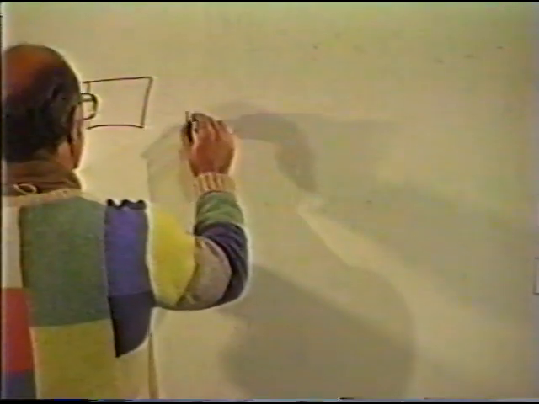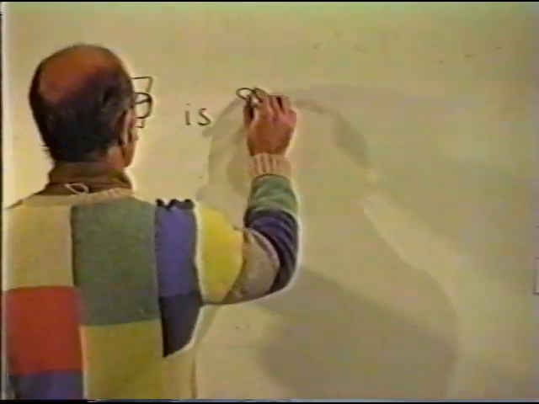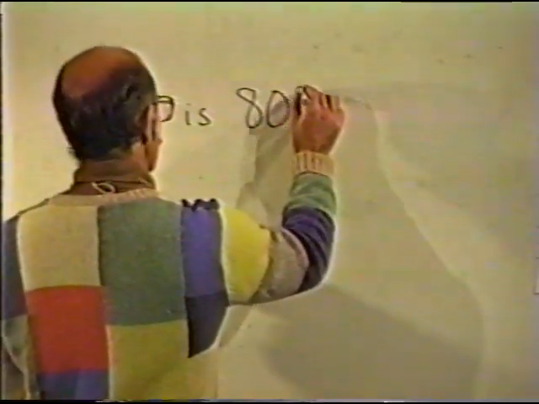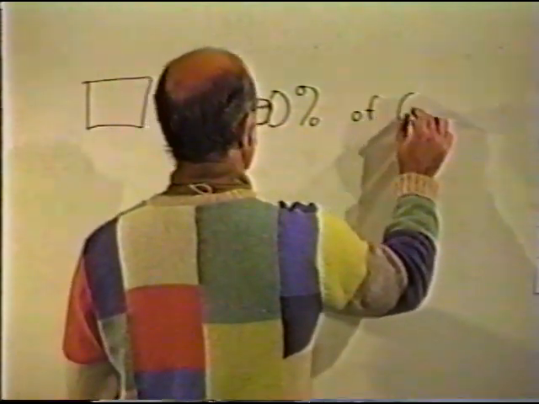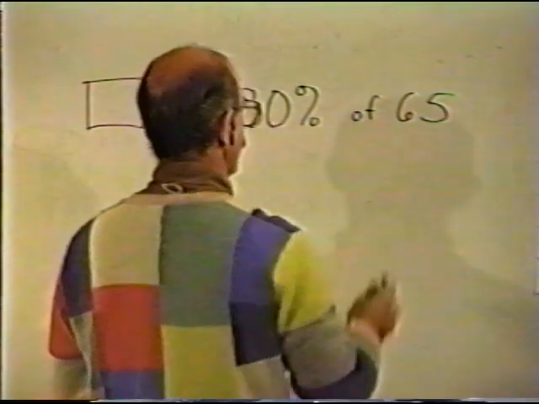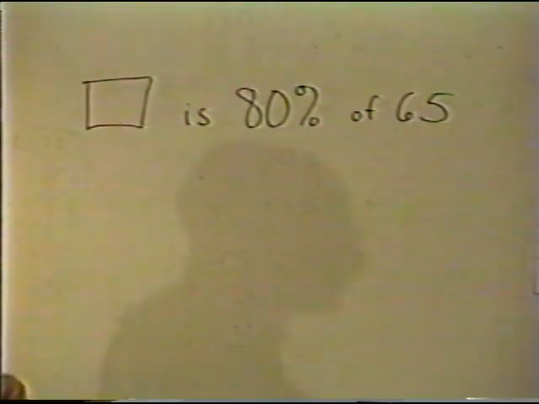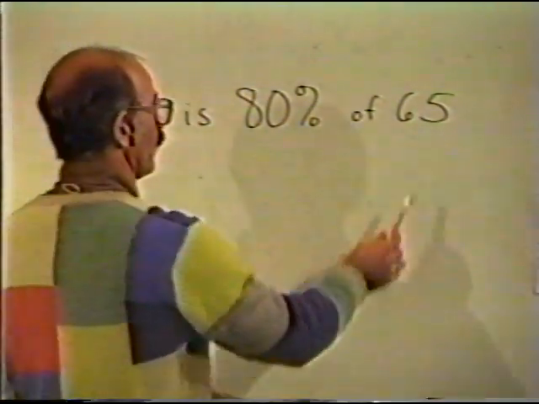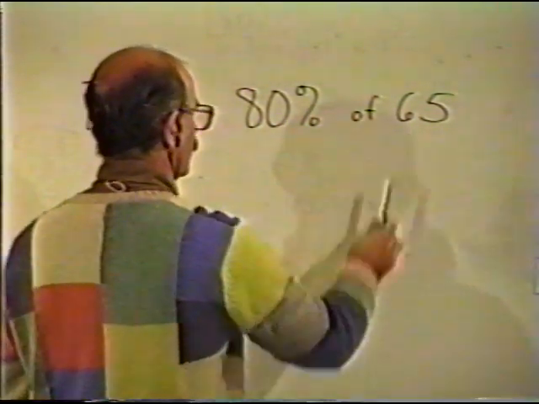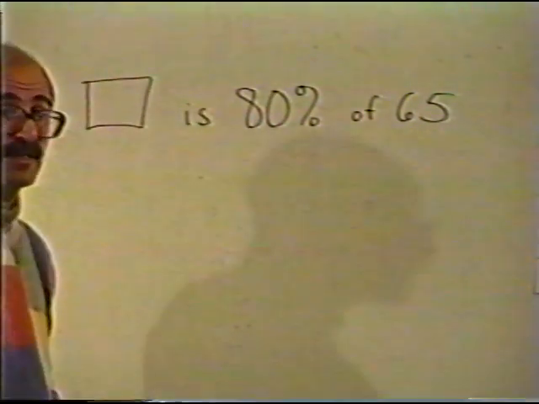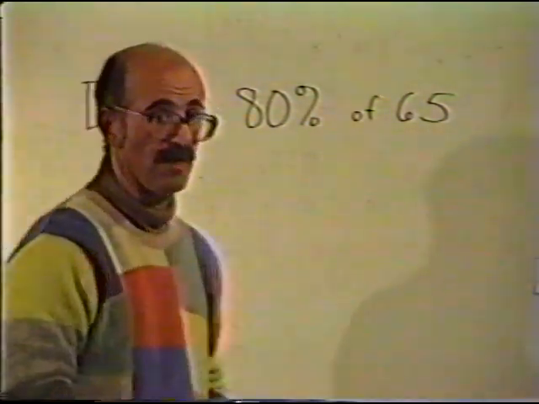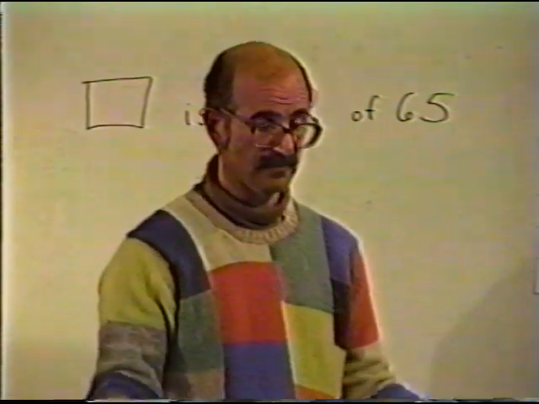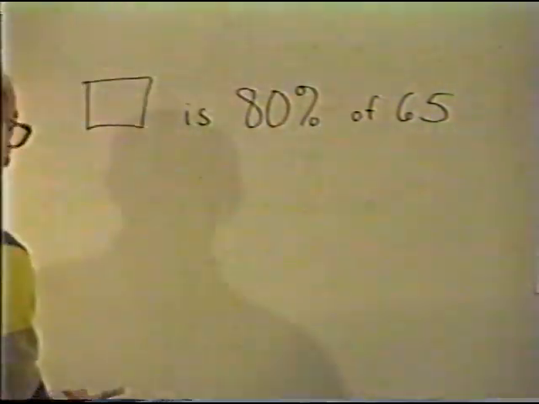What is 80% of 65? Do we know the percent? Yes. Do we know the whole thing? Yes. Do we know the part of the whole? No. So therefore it's type 1.